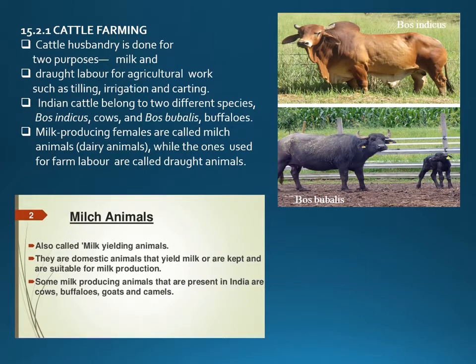One is milk, the details about the milk yielding animals, and the other is draught. Draught animals are those that are not fit for milk, and they are used as labor for agricultural work such as tilling, irrigation and carting.